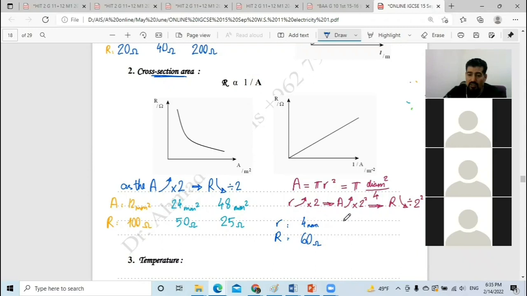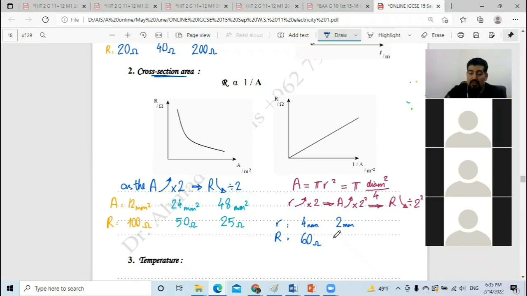Now I bring a wire of 2 millimeter radius. That means the radius is now halved. What happened to the resistance? The resistance will increase by how many times? Twice or twice square?